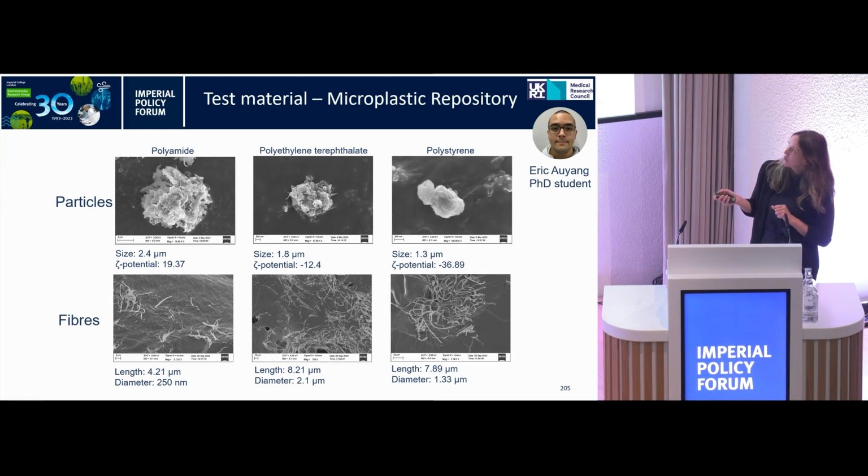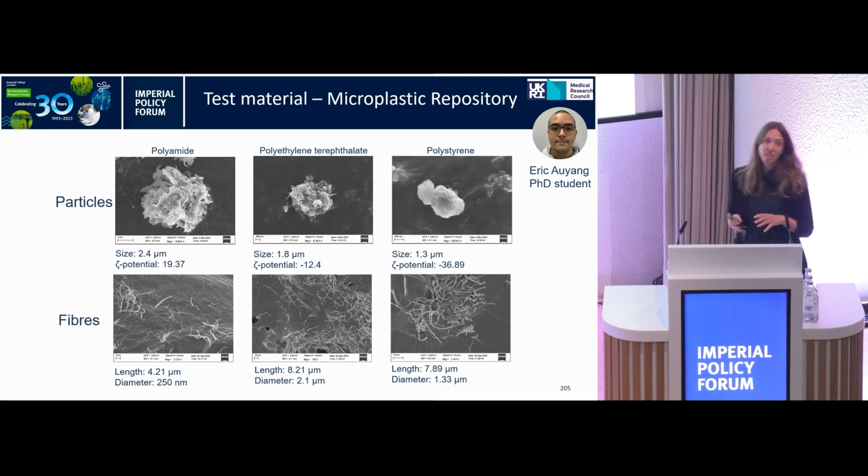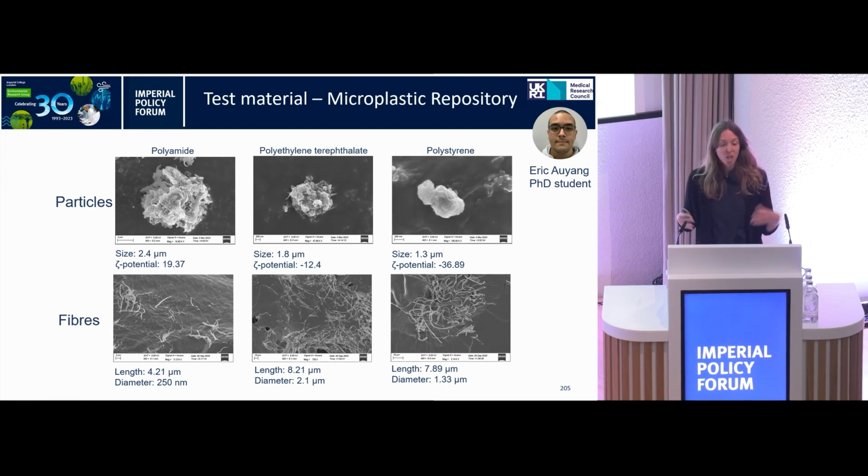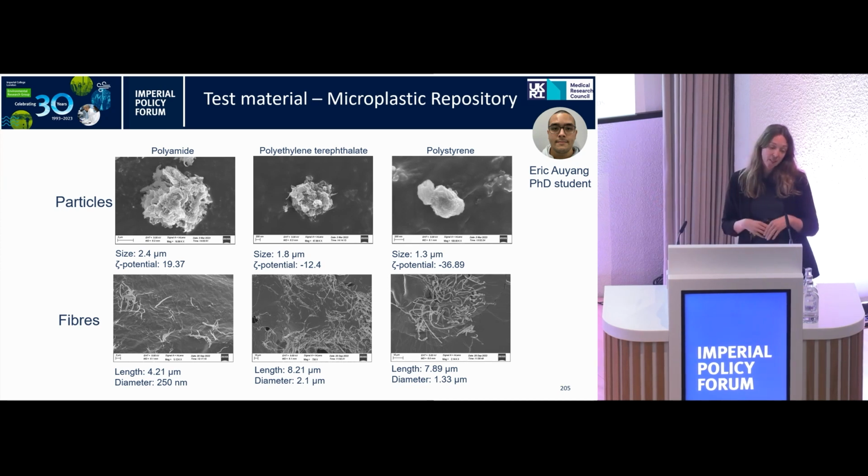And importantly, we've got different polymers and different shapes. So we can start asking really controlled questions just about the fundamentals before we even start to build the complexity of weathering, of coatings, of co-occurrence with different pollutants. So we can ask, does the type of plastic matter, or does the shape matter?